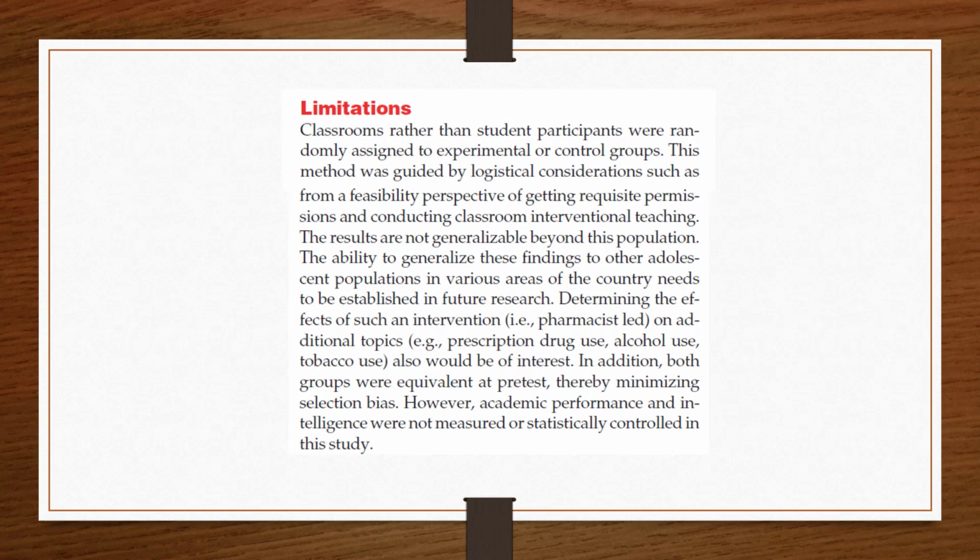In this paper, there actually is an entire section called limitations. And one of the major limitations they list here is that they say the results are not generalizable. And that's a major limitation, since the goal of research is to create generalizable knowledge.